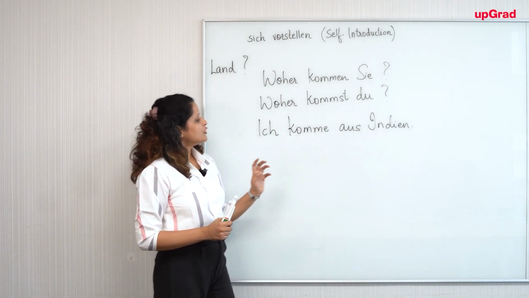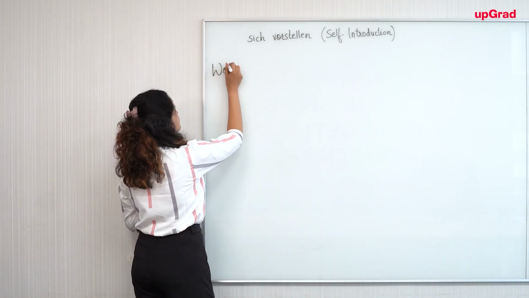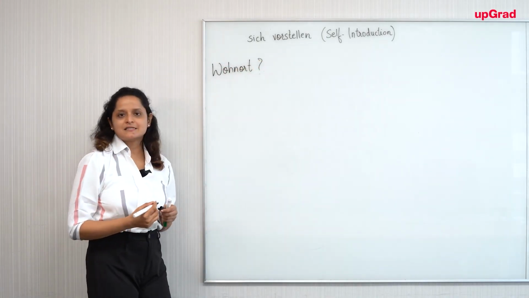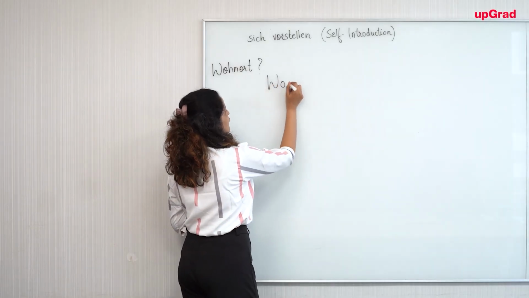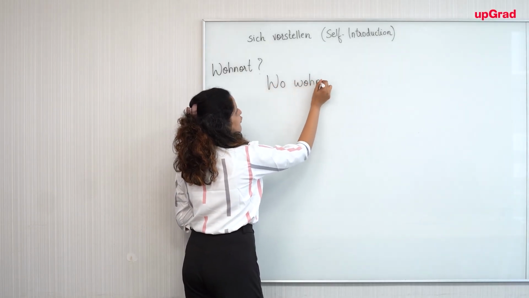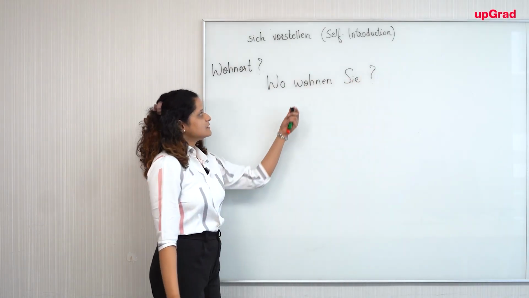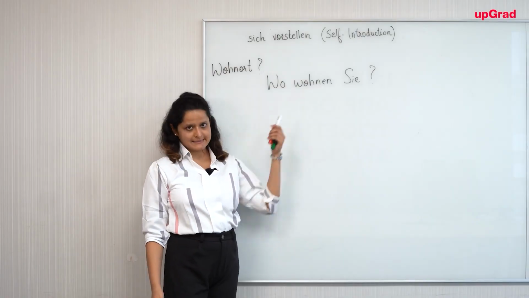Okay. The next pointer to our introduction is Wohnort, which means the place where you live. So the question will be wo wohnen Sie? Now this is a new verb that we see here. The verb is wohnen. So the question we have here is wo wohnen Sie?